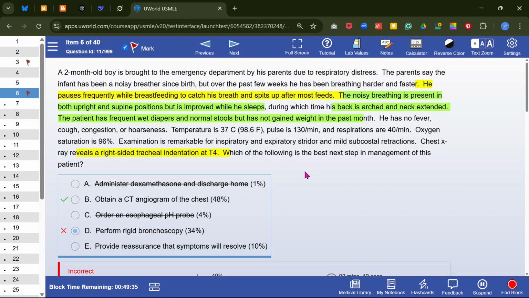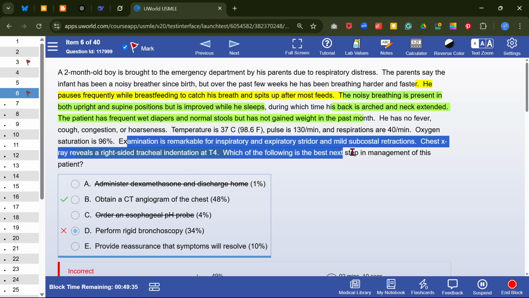Oh, where is biphasic? Okay, that one is important.